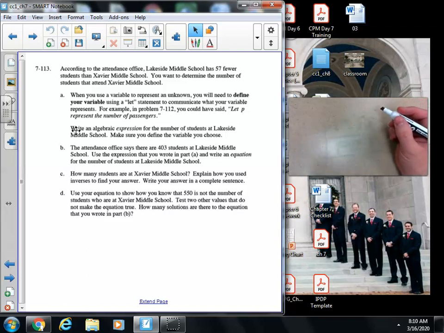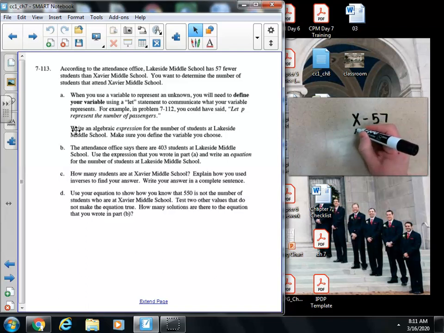So Lakeside Middle School has 57 fewer students than Xavier Middle School. Okay, so what do we know here? So we know that Lakeside has 57 fewer students, which means we're taking the number of students from Xavier and taking 57 students away from that.